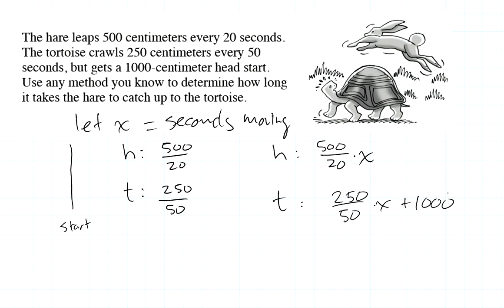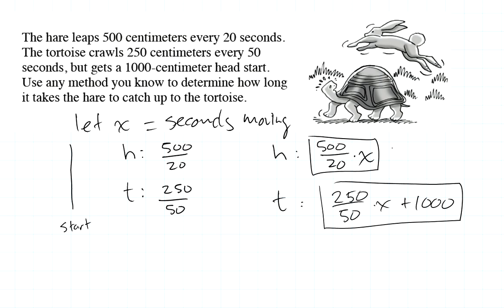So really, if I guess I should define these variables more, if this expression right here is how far the hare is from the starting line, and this expression is how far the tortoise is from the starting line, and really what I want to know is when those two expressions are equal. Because when they are equal to each other, that value of x is when they've basically caught up with each other. I think I've said too much here.